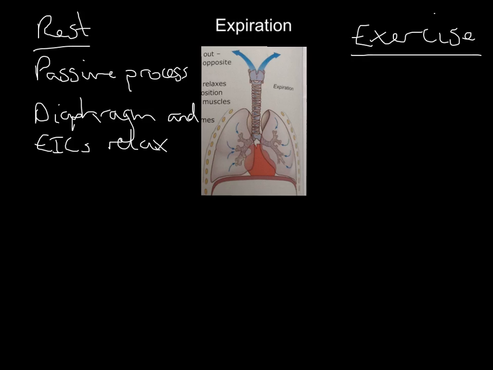Remember, my diaphragm is this muscle here, my EICs, my external intercostals, are the muscles between my ribs. When my diaphragm contracted, it pulled down. Now it's relaxing, it's pushing back up. When my external intercostals contracted, they pulled the ribs upwards and outwards. Now they are relaxing, the rib cage is falling back inwards.